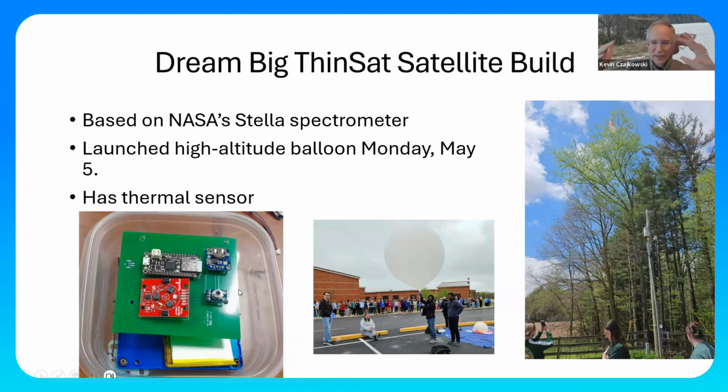So my students and students from Toledo Technology Academy, Crestwood High School, and Stockbridge High School took the instruments from Stella. We made a printed control board, which I didn't even know what that was before we started this. Put it in this box and launched on a high altitude balloon. On Monday, it went into Indiana and then got stuck in a tree. Even though it was farm fields everywhere, it found a tree.